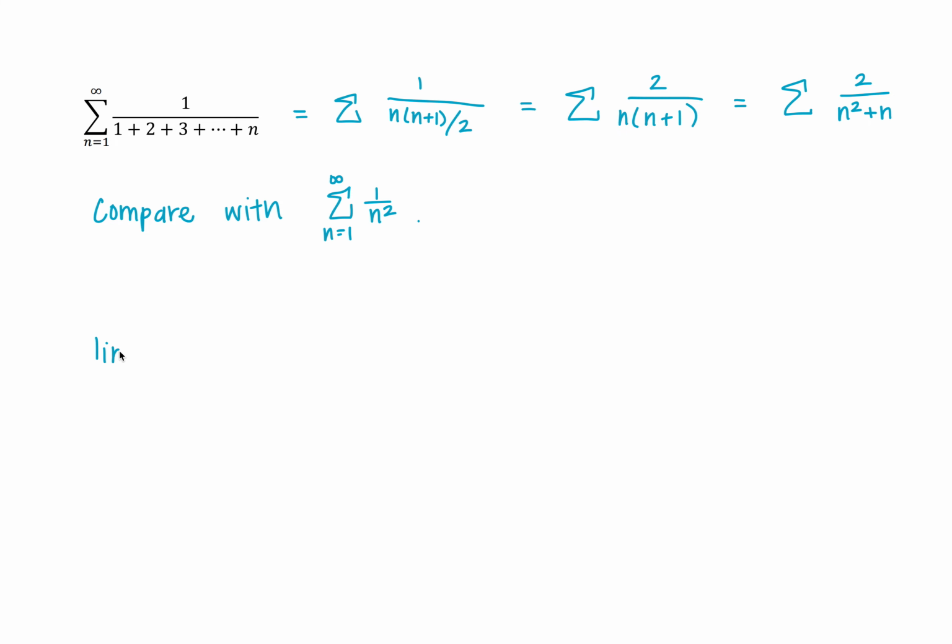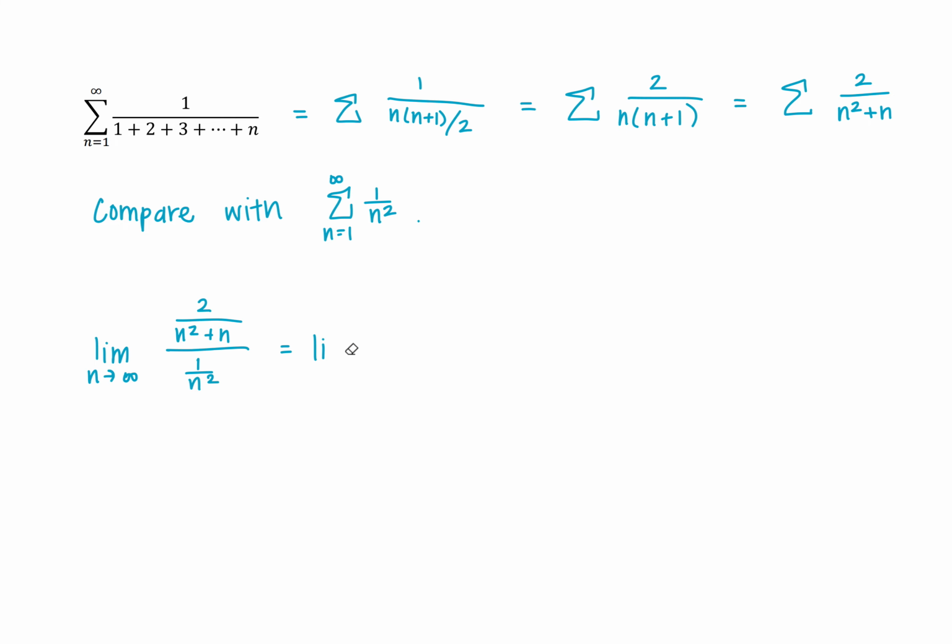So we're going to look at the limit as n approaches infinity of 2 over (n squared plus n), over 1 over n squared.